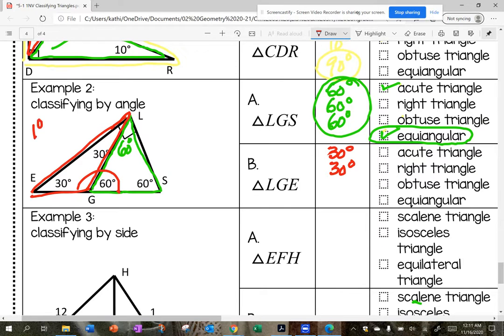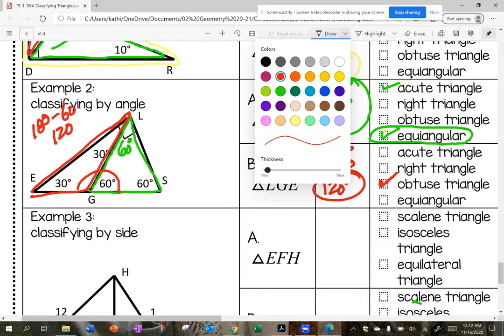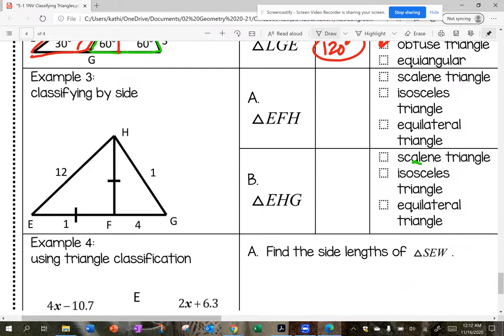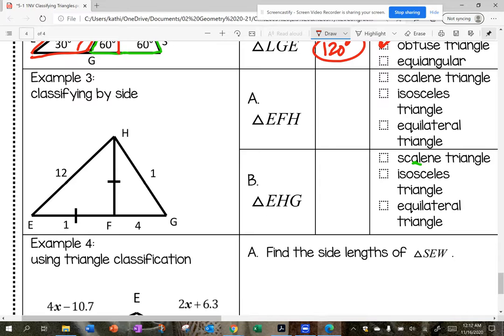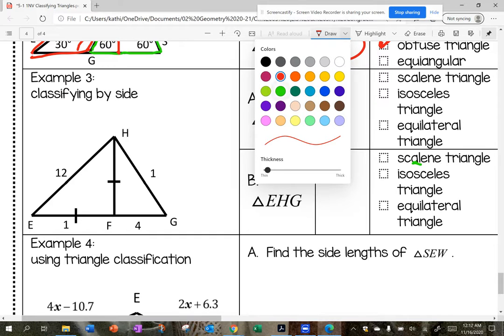So I know that's going to be 180 minus 60. So I know that angle is 120 degrees. So my largest angle is 120. It's greater than 90, so I call that an obtuse triangle. Okay.